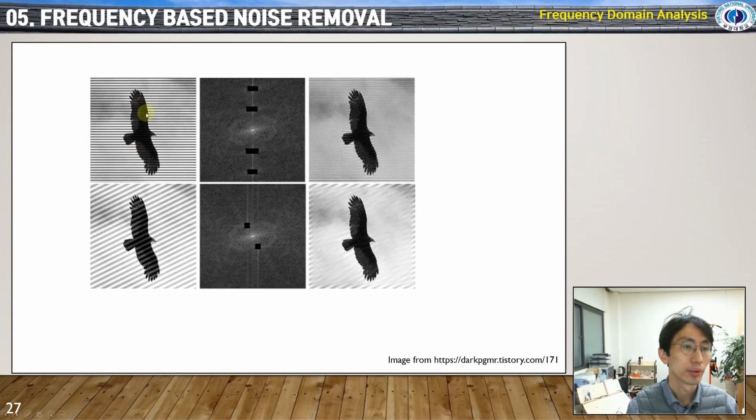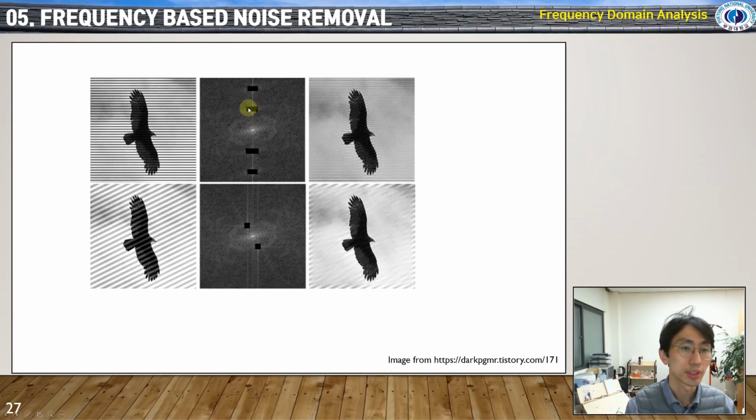there is a corrupted image like this. There is an eagle in the sky, and in this image there are noises of lines, both vertical lines and diagonal lines, and these lines are easily noticeable in the frequency images.